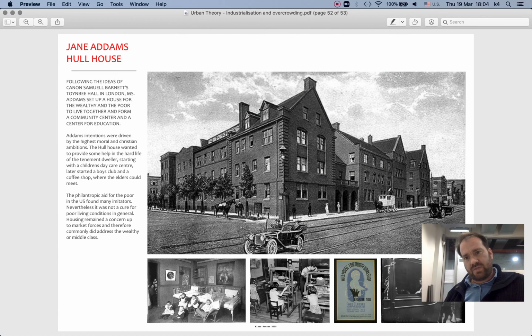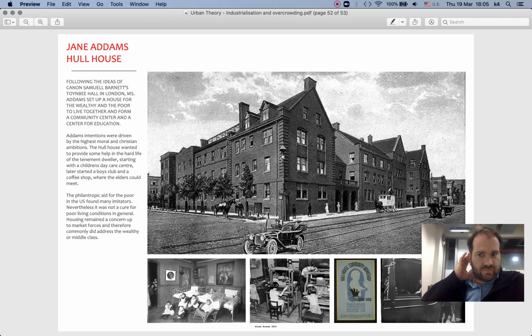Another example is something that has been copied from England and brought over to the US, which is philanthropic housing. So this is called the Hull House, initiated by Jane Addams.